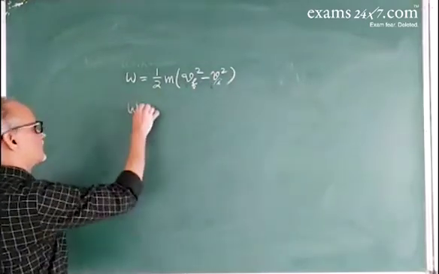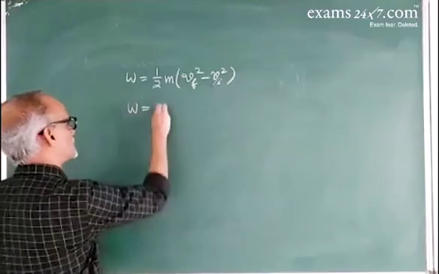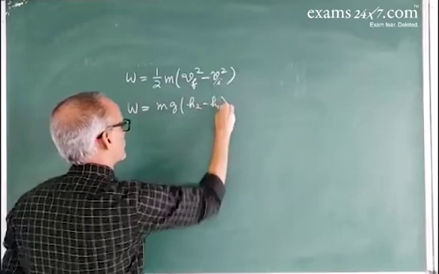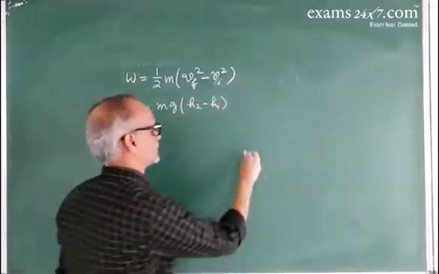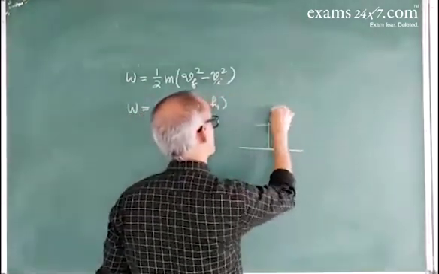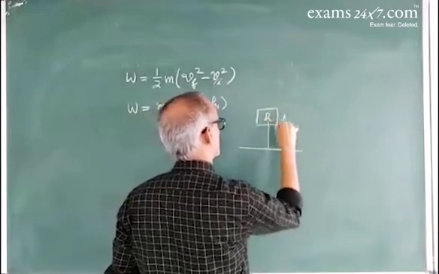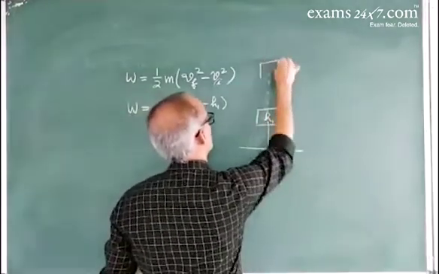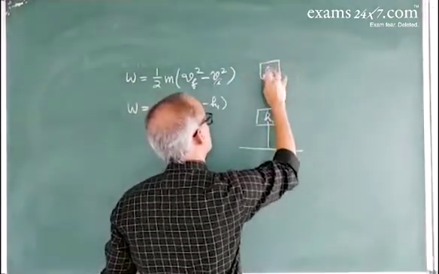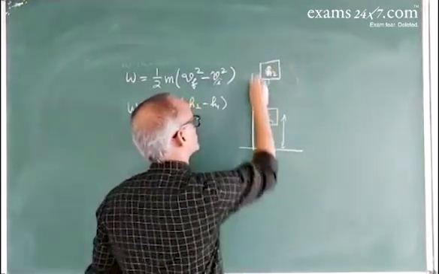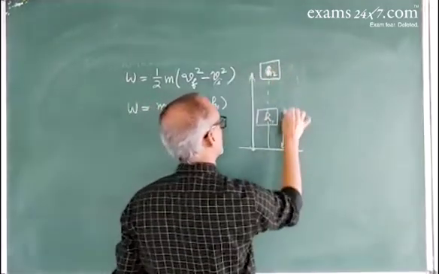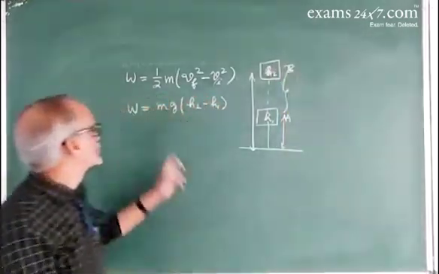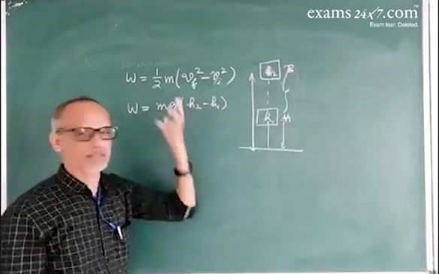In the case of potential energy, I can write mg into h2 minus h1. If a body which is already at a height h1 is raised further to a height h2, then what is the work done in shifting from point A to point B? So W is equal to mg into h2 minus h1.